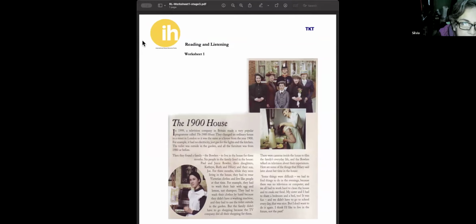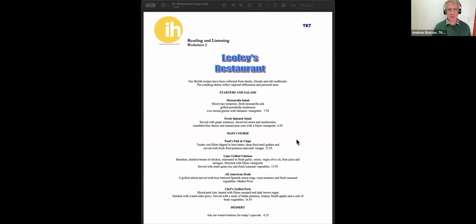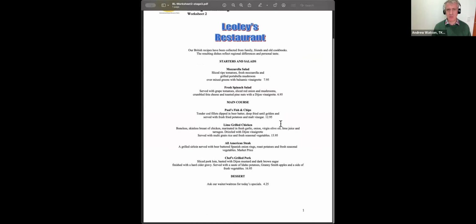There's another one. So this is obviously an article about a house in the early years of the previous century. Here's another one. It's a restaurant menu. Okay.